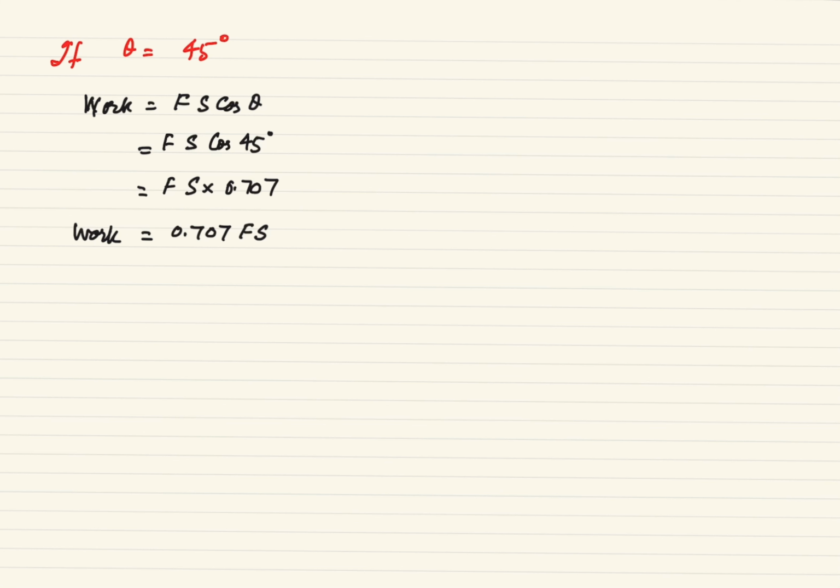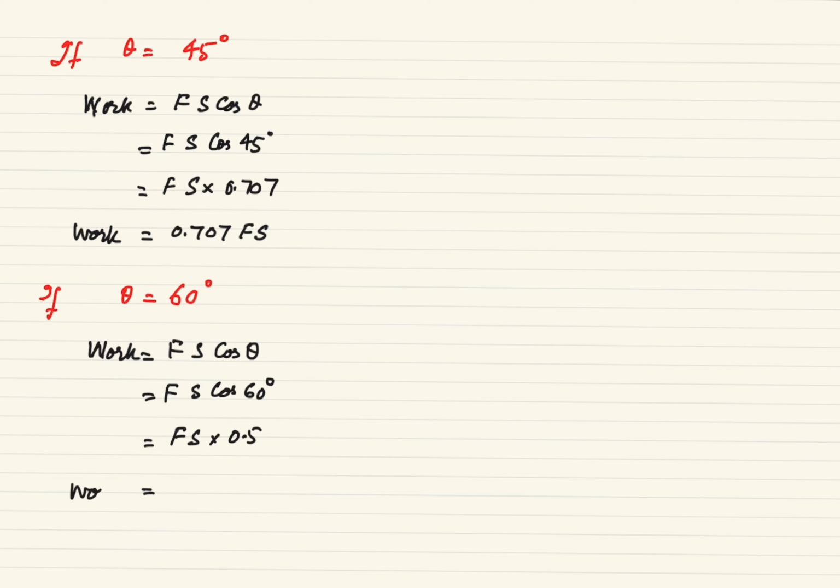This is very important to note: when the angle increases, like suppose you consider an angle of 60 degrees, then work will be equal to Fs cos of 60 degrees, and as cos of 60 degrees is 0.5, this time work will be equal to 0.5 Fs.